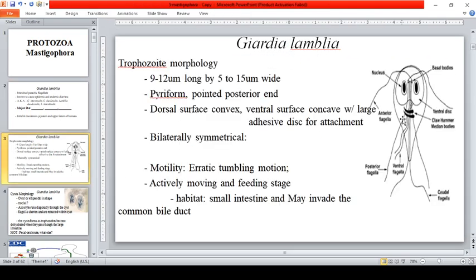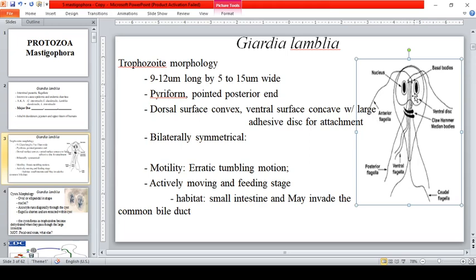What I love about this parasite is its morphology. You can easily recognize this one because of its very nice morphology. It is bilaterally symmetrical, so take note of this one. It is also easily recognizable because of the presence of its ventral sucking disc.